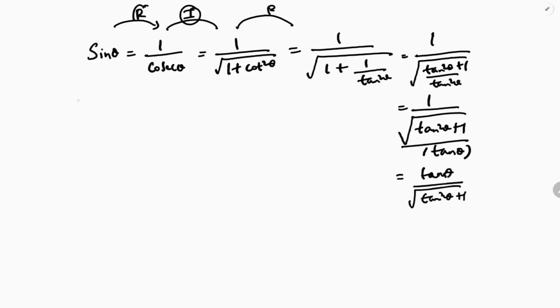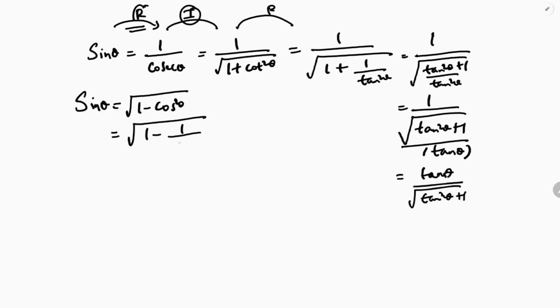This is one method. Here I used reciprocal. If I use identity, sin theta is under root 1 minus cos square theta. Cos square theta you can write as 1 by secant square theta. Taking LCM, secant square theta, and here it is secant square theta minus 1.